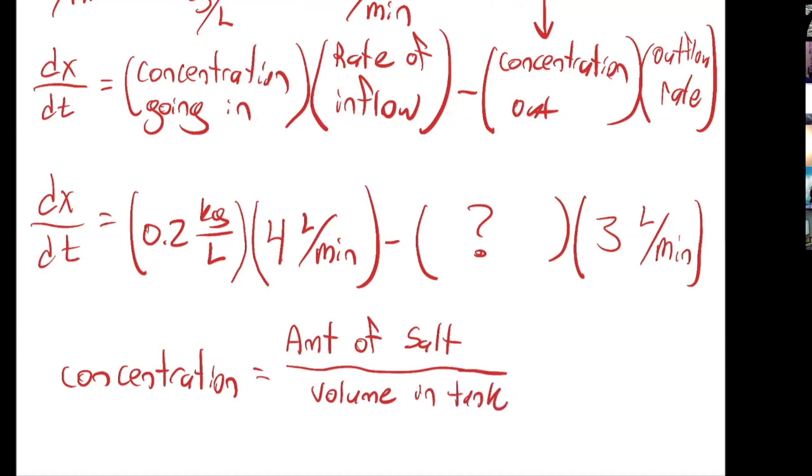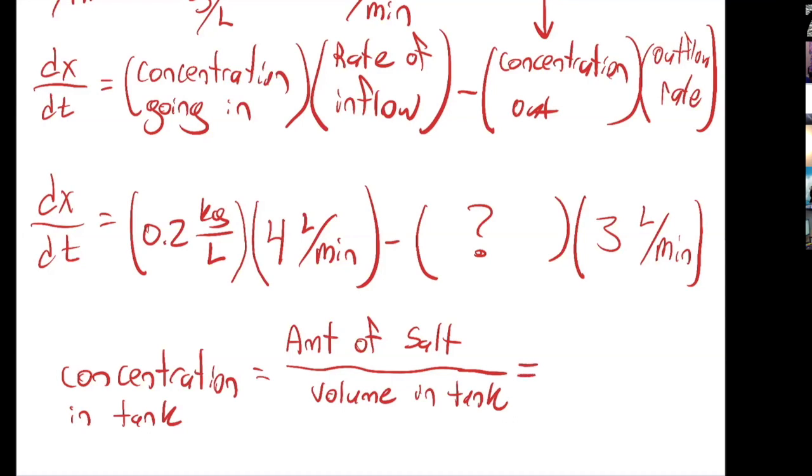So the concentration flowing out would be the same as the concentration that is in the tank, right? Because the fluid flowing out is the fluid that's in the tank. And we're going to assume this fluid is perfectly mixed, and the salt is uniformly distributed throughout. So concentration is going to be the mass over the volume, or the weight over the volume.